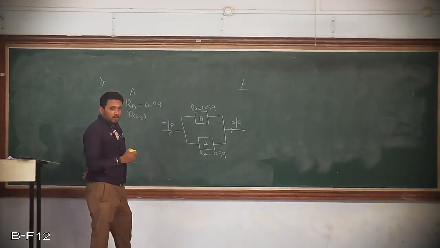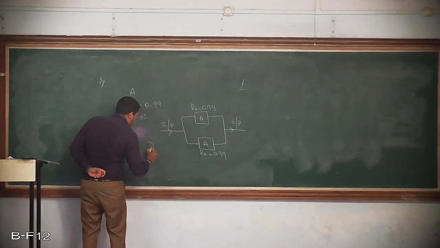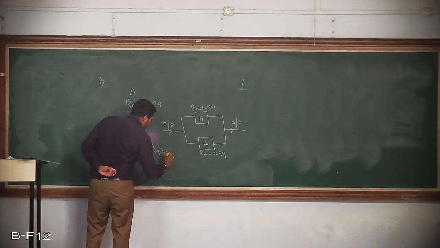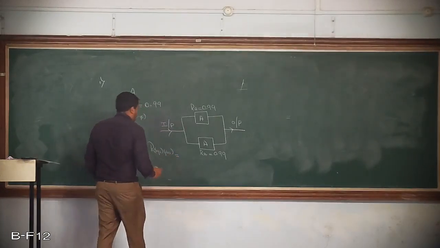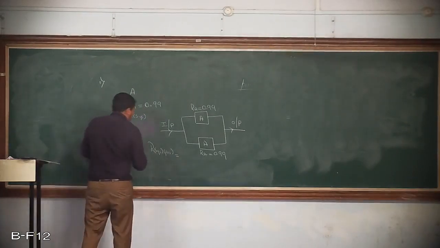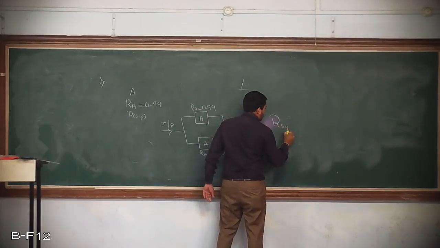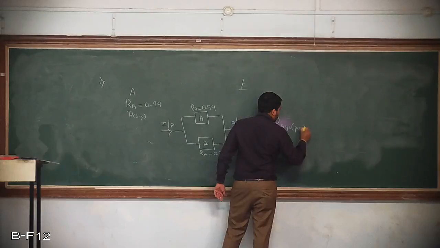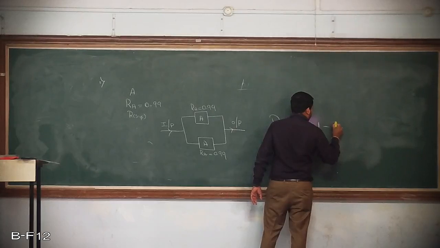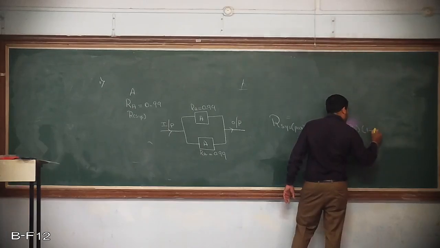Hence, this system is nothing but a system connected in parallel, and thus the reliability of the system connected in parallel is equal to 1 minus (1 minus RA) into (1 minus RA).